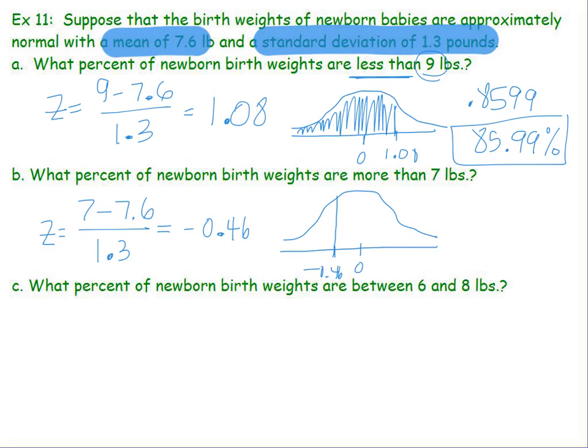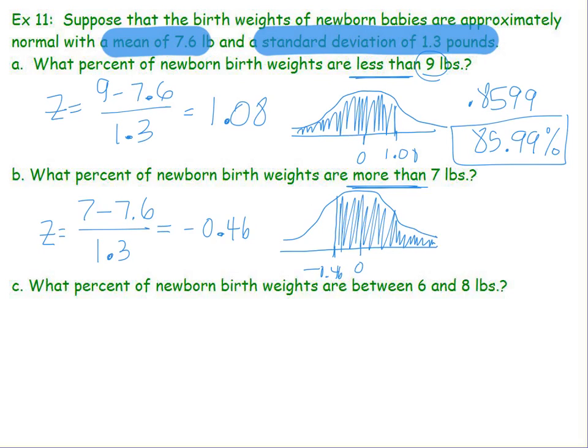What percent of newborn birth weights are more than? More than means greater than, and greater than means shade to the right. So this is the one that I was talking about. We have to do some extra work. First let's look up on the blue sheet. Negative 0.4, so go to your negative side.